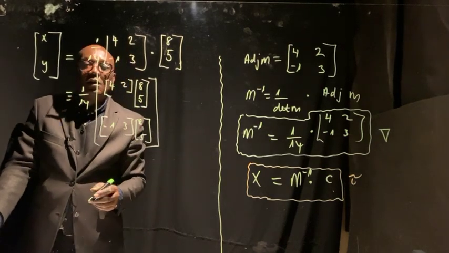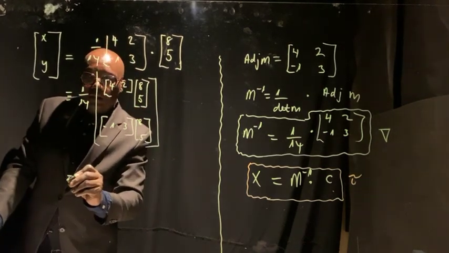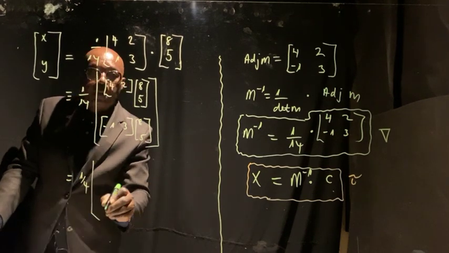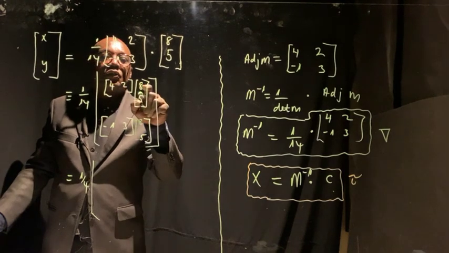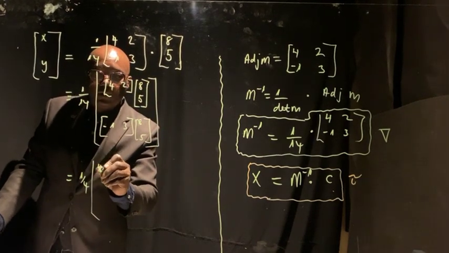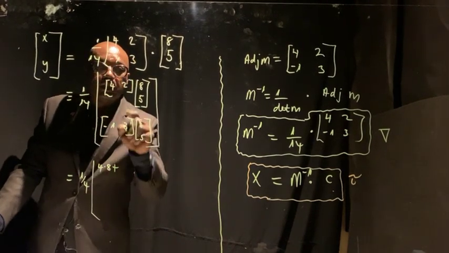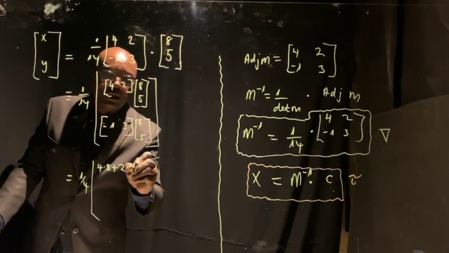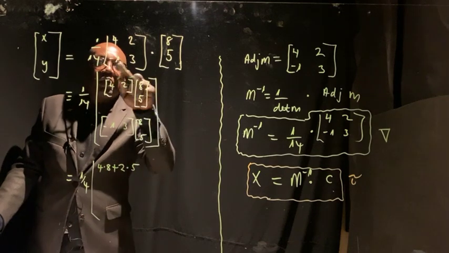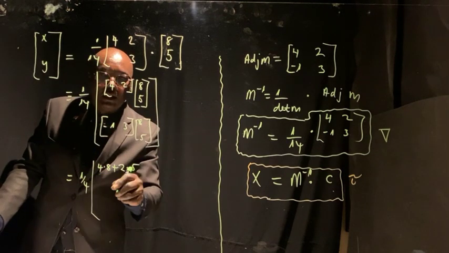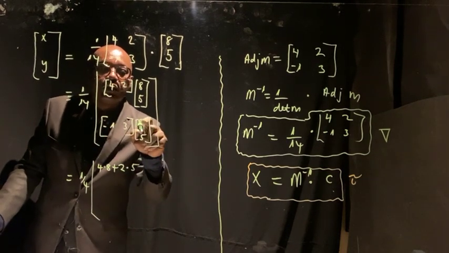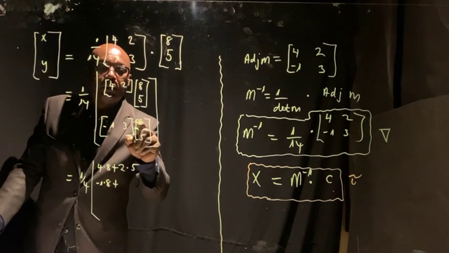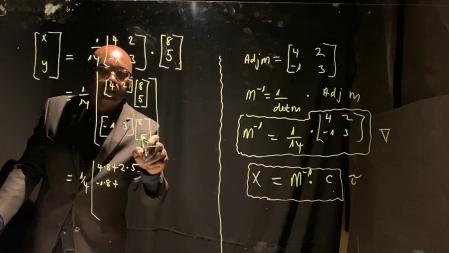So we have 1 over 14, with 4 times 8 plus 2 times 5. Then we are done with this row. Then we come here: minus 1 times 8, plus 3 times 5.